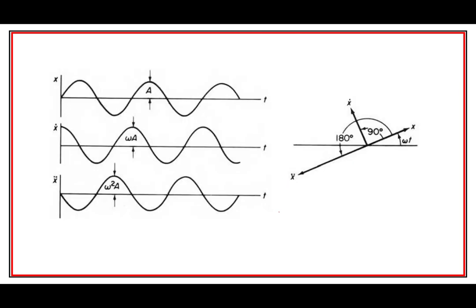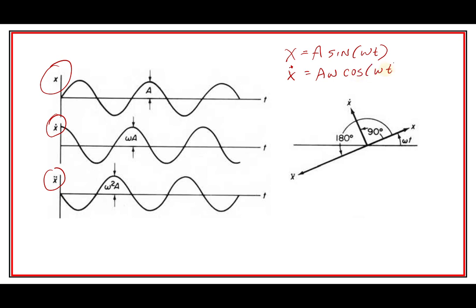All right, so here's the position, the velocity, and the acceleration as functions of time. In the most basic of cases we have x is equal to A times the sine of omega t. If you take the derivative of it, you get x dot is equal to A omega cosine of omega t.